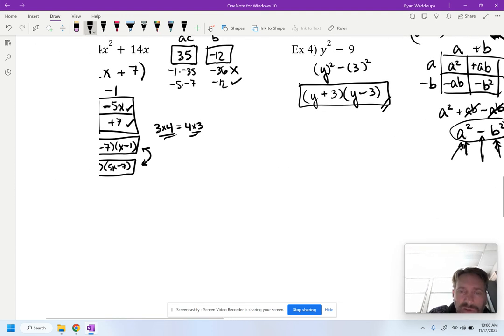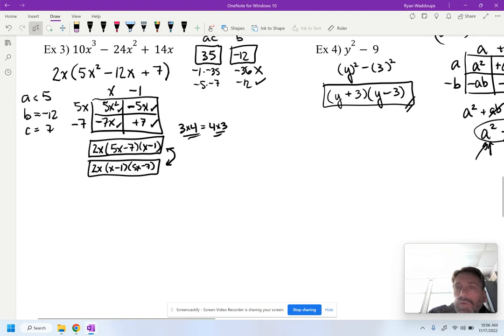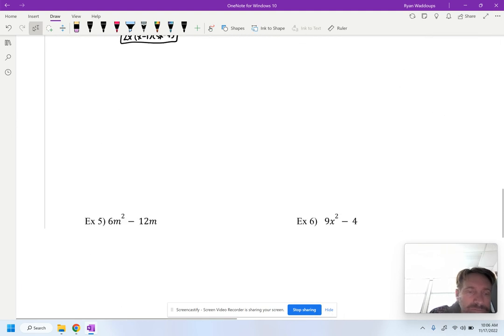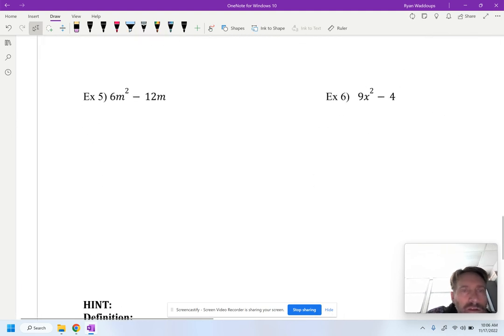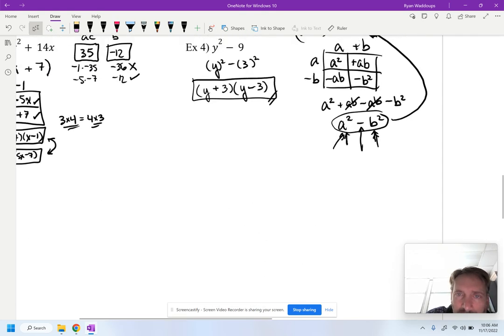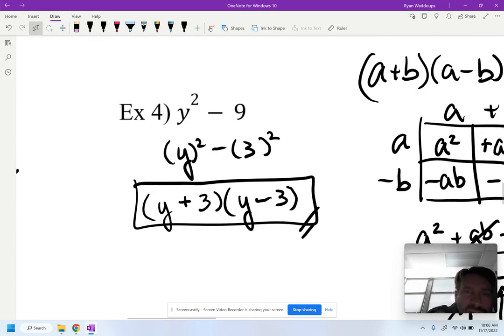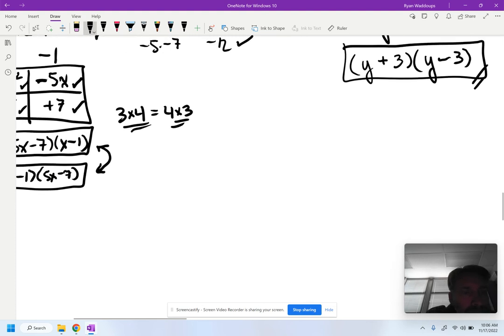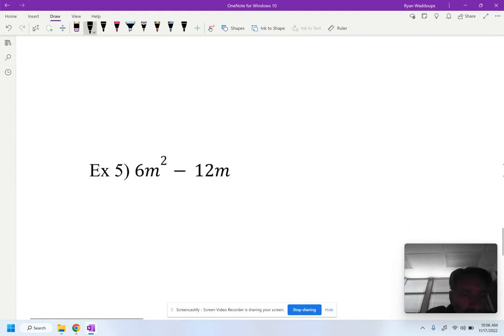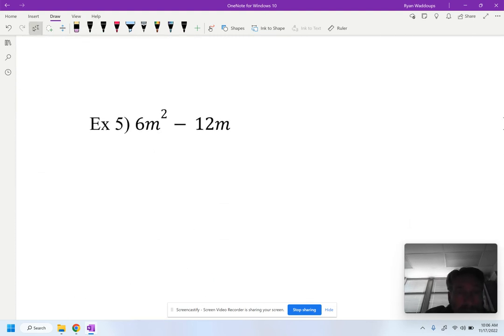All right, let's go through these. You'll like these once you get the hang of it. So example 5. All right, first thing we should always check for, and I didn't check for in that last one, is the GCF. Y squared and 9 don't share anything in common. Y squared only has y's, and 9 is just 3 and 3. That's it. But example 5, we can factor out a 6.